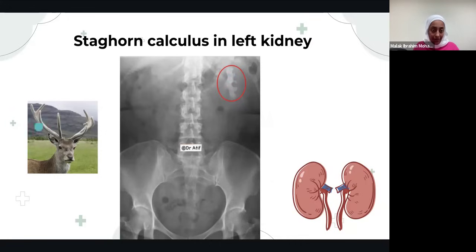Because it resembles a staghorn. It's not really OSPE, but I have a question: what is the mineral that forms this staghorn calculus? I remember it was mentioned in Dr. Vlad's lecture. Perfect. Yes, magnesium ammonium phosphate. I'm not sure if they're going to ask you that in OSPE or not, but I thought I should say it.